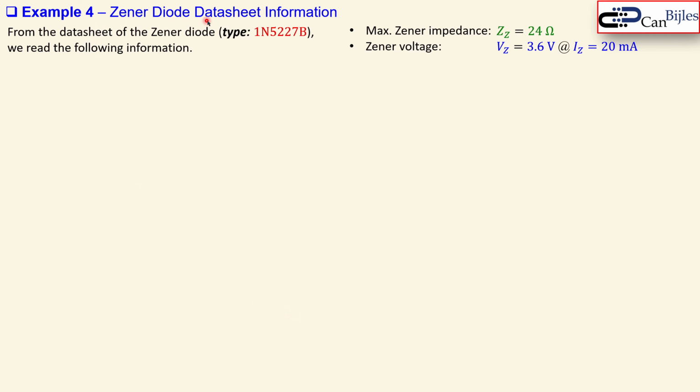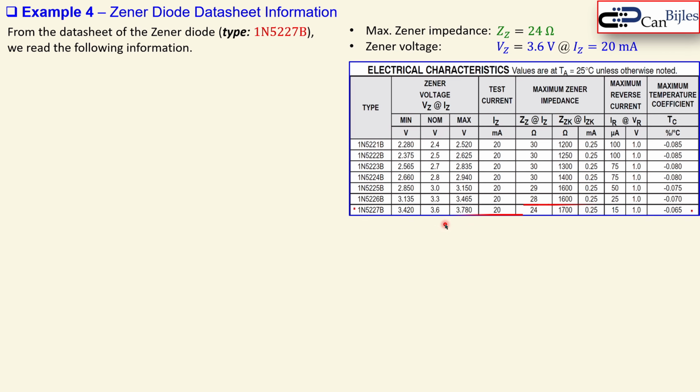Okay, let's see an example. Always handy: Zener diode datasheet information. From this Zener diode type, we will read the following information. We see the maximum Zener impedance, 24 ohms, and also the Zener voltage, which is 3.6 volts at this 20 milliamps. This is given here in this last row.